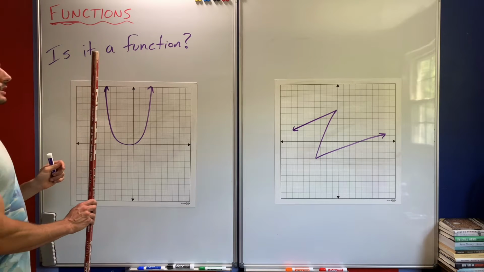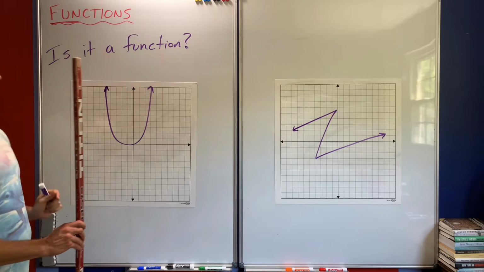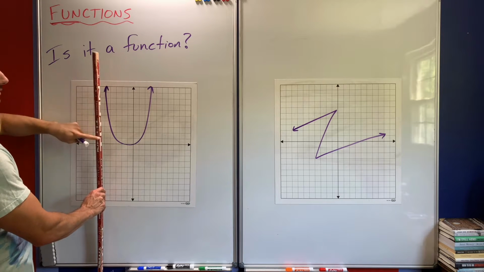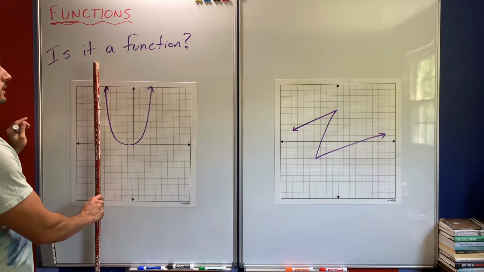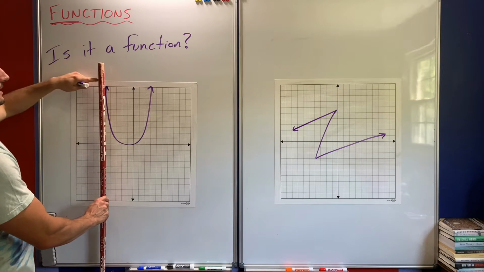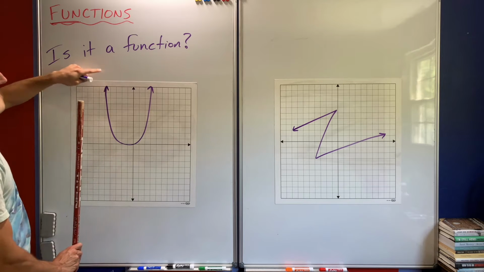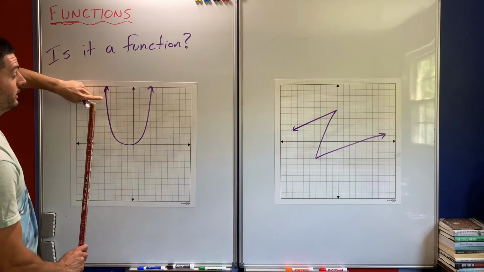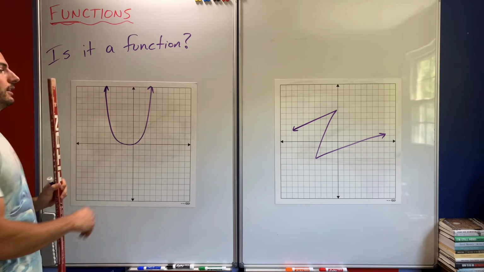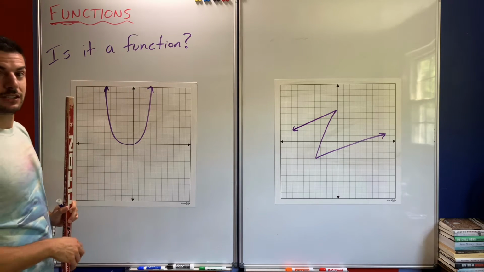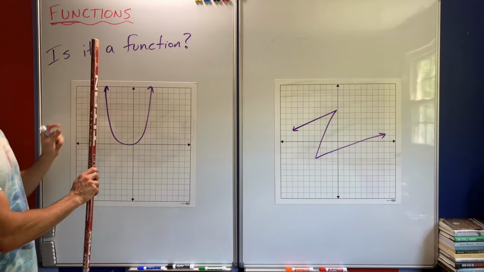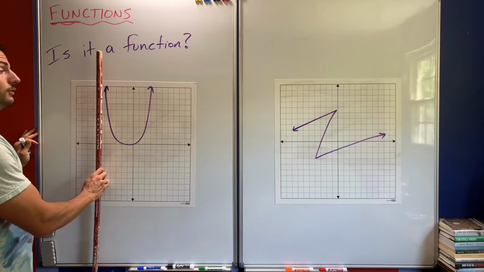So if I apply the vertical line test to answer, is this a function, again, I'm looking for does it hit this line ever more than once at the same time? If I do that, this line kind of looks like maybe, if this was a complete vertical line here, it looks like it's straightening out, but I'll tell you, this is a quadratic, a parabola is the fancy name for this, and you can zoom in on it a lot, and it would never actually have the same x value more than once.